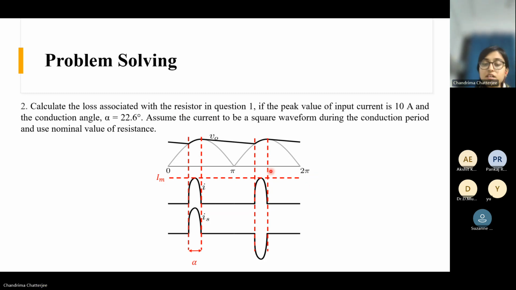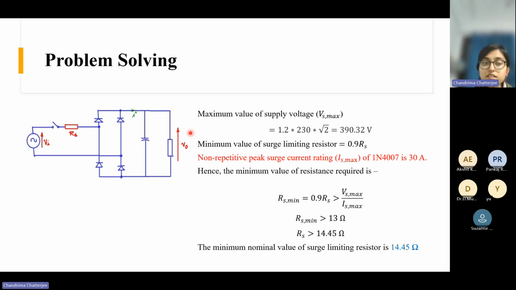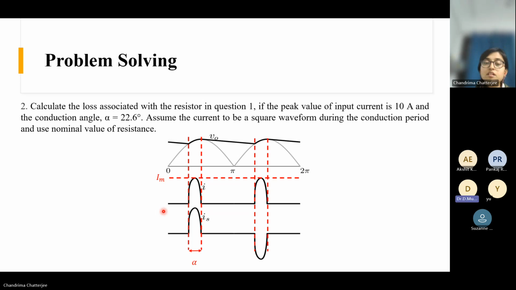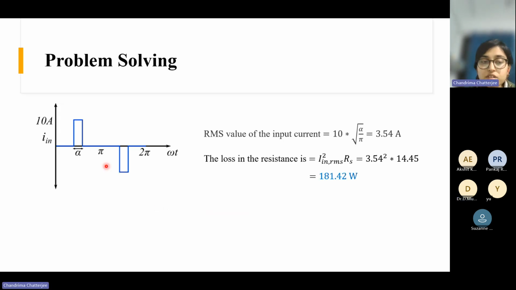We need to find the loss in this resistor. So we have assumed a square current. This is the current and this is the alpha duration, and this peak value is 10. This is the input current.